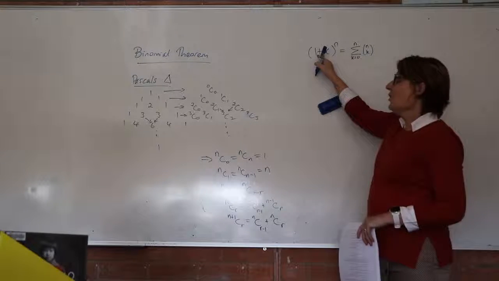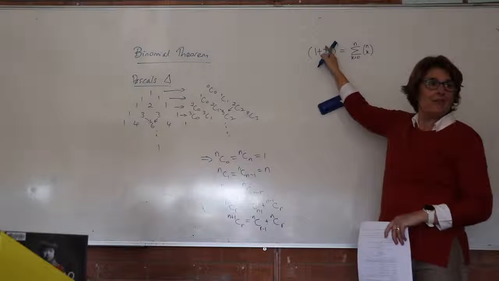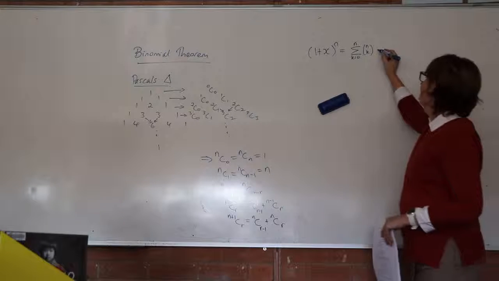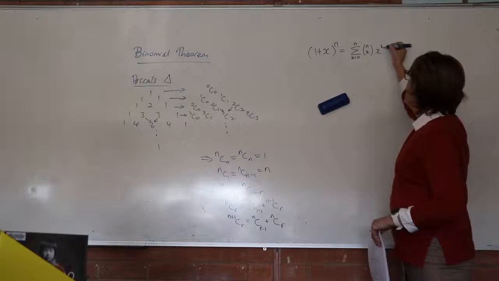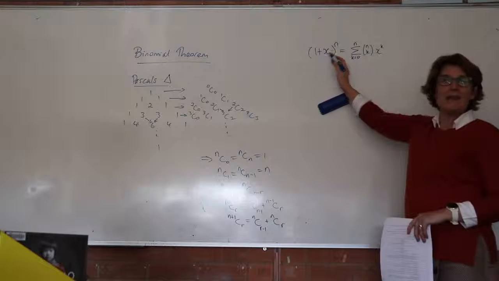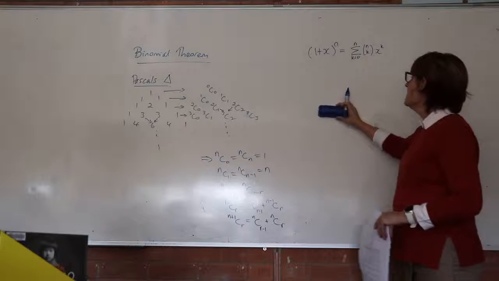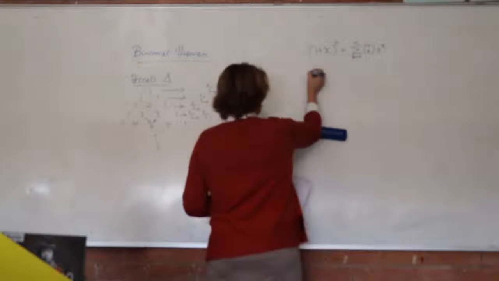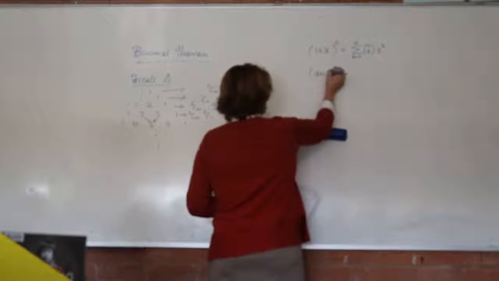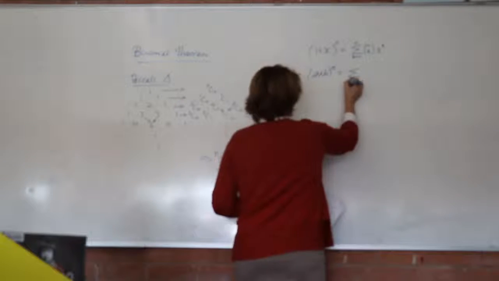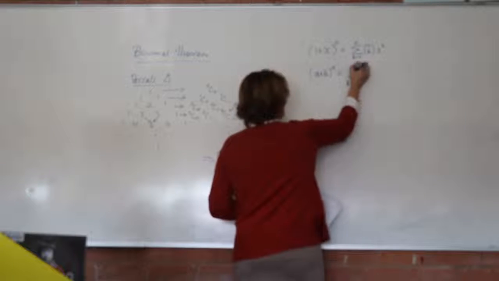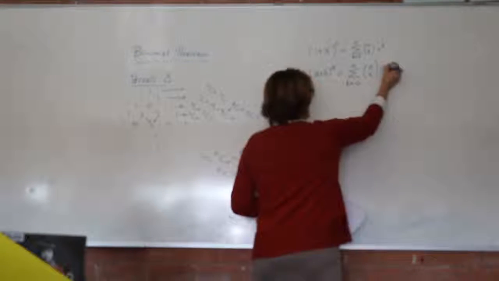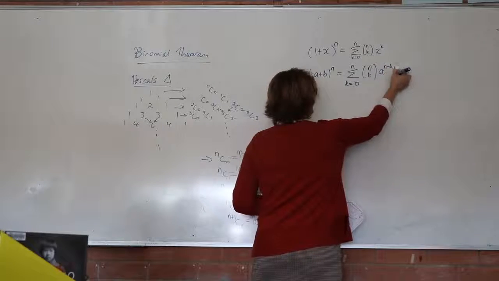Then we've technically got 1 to the power of n minus k, because it depends where we are on the line, and then x to the power of k. That was when we just had 1 here and a coefficient of 1 here. If I instead changed it to the expansion of (a plus b) to the n, that's going to be a to the n minus k, b to the k.